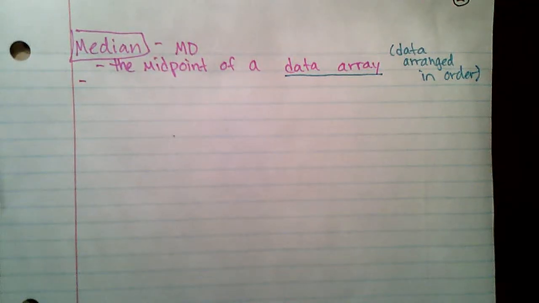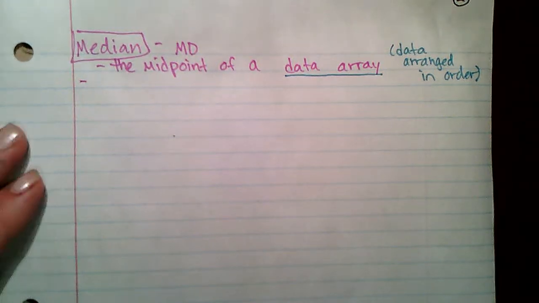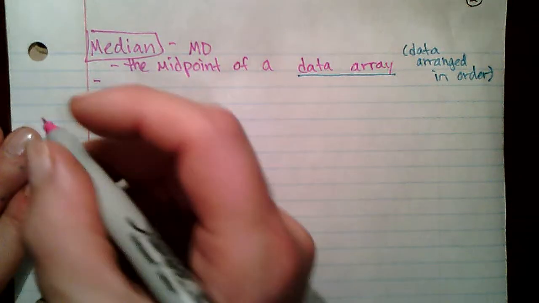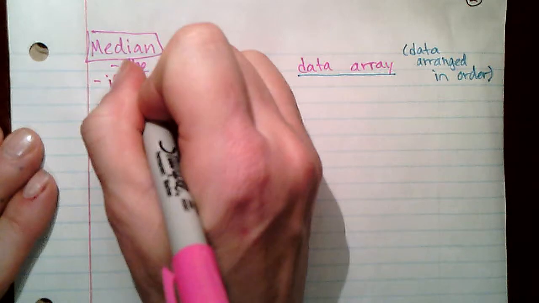Well, if there's an odd number of data values, then there will be a middle value. If there's an even number of data values, then there won't be a middle number. So we need a rule to deal with that.